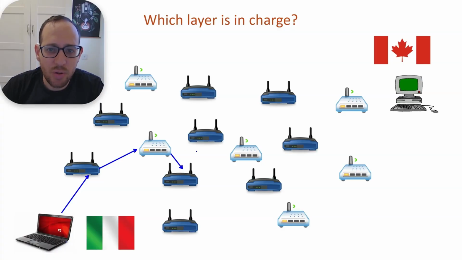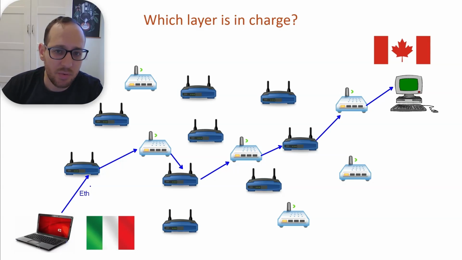Notice that each one of these, when we look at a single hop, each one might be implemented with a different layer 2 protocol. For example, this could be Ethernet that we covered in depth in a previous video. It could also be Wi-Fi in this hop, and this hop might be Bluetooth. And this could be Ethernet again, and so on.